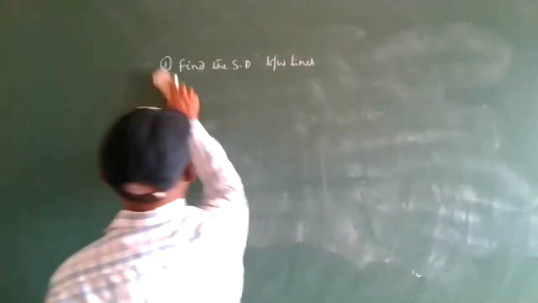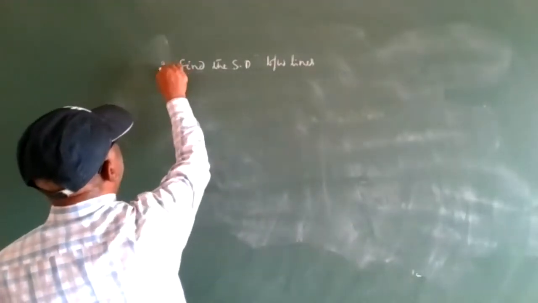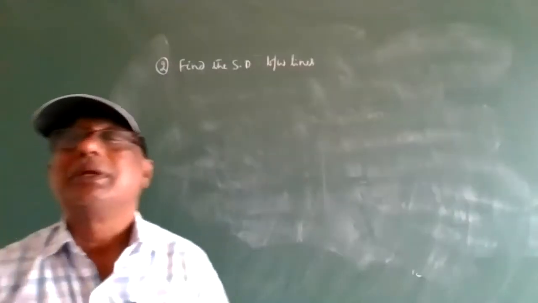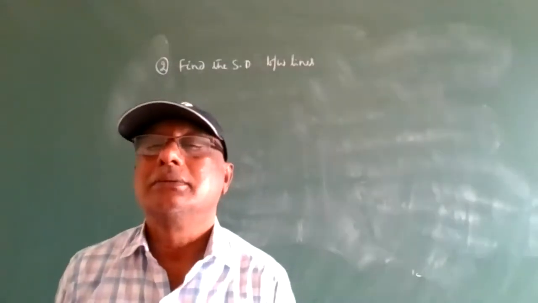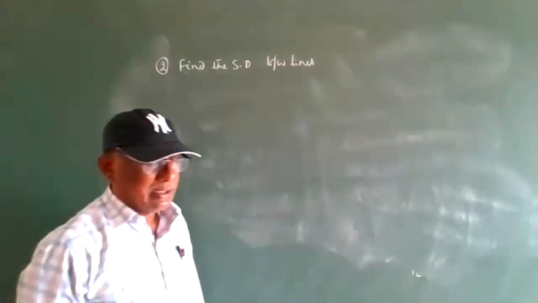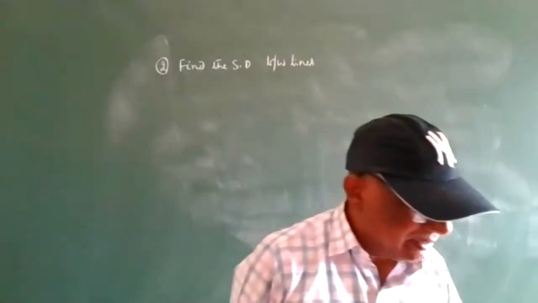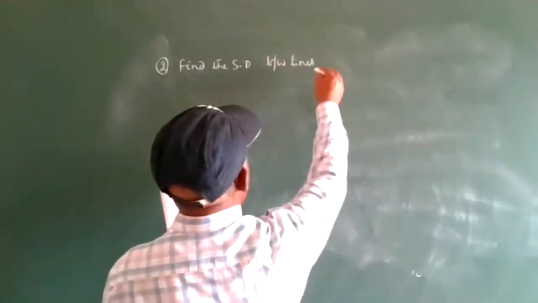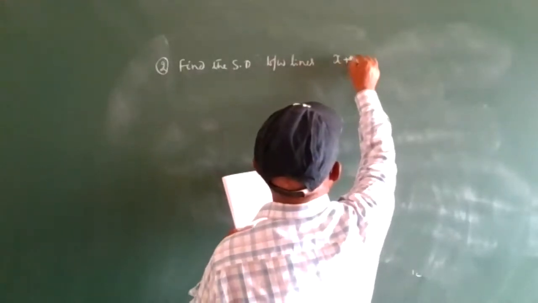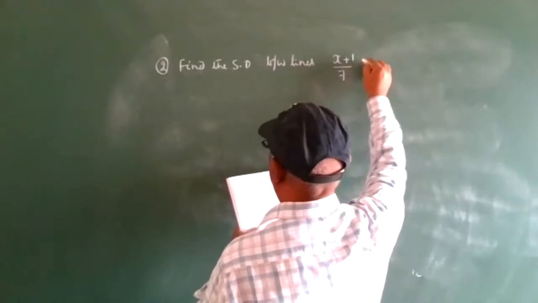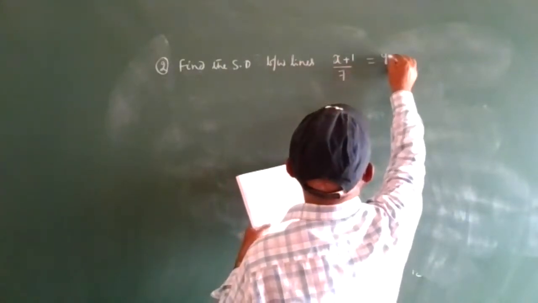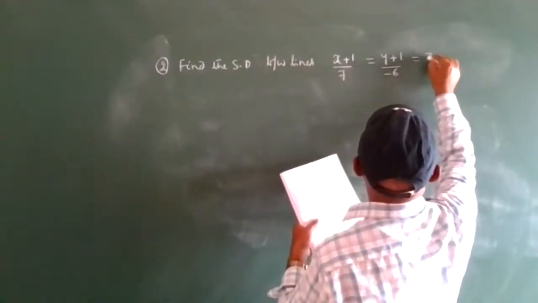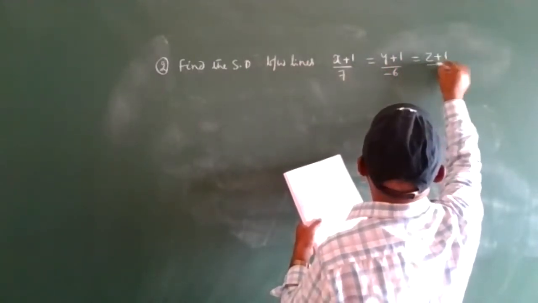Now write down the second problem: find the shortest distance between the lines. What are the given lines? The equation is given by (x plus 1) by 7, (y plus 1) by minus 6, (z plus 1) by 1.